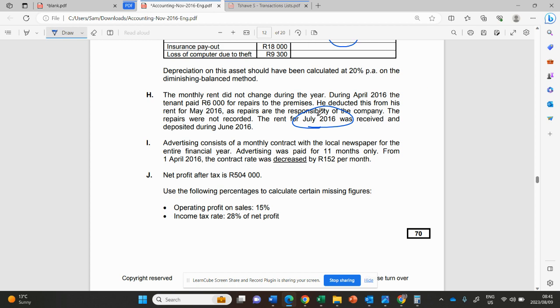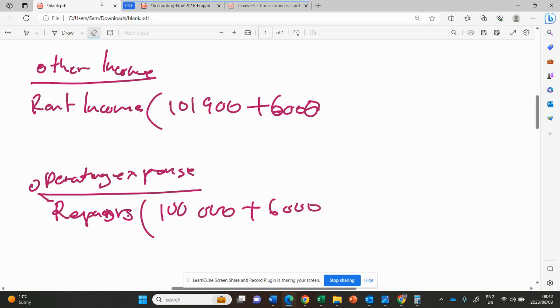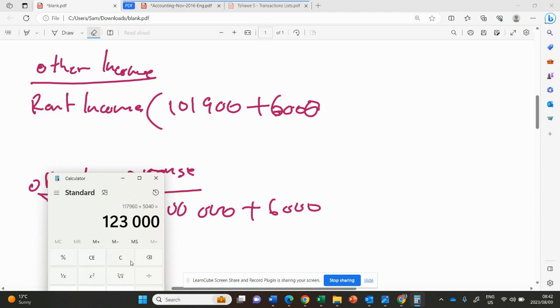After adding the amount that was not recorded, 101,900 becomes 107,900. 107,900 is the rent for 13 months. So we want to record the income for 12 months.